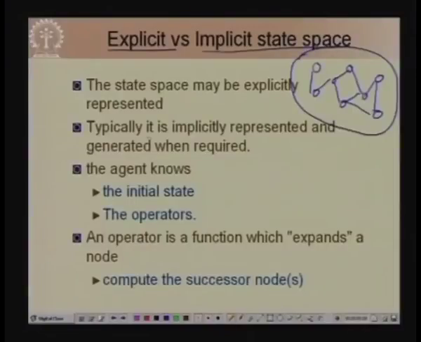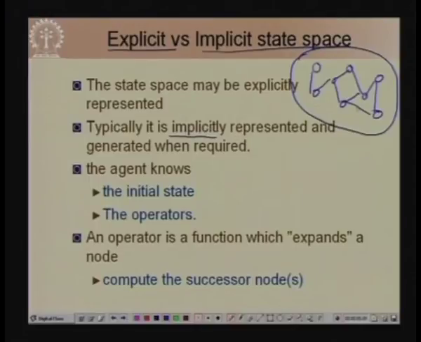However, in this course we will mainly be dealing with very huge state spaces, and it may not be possible or easy to model explicitly all the states of the system. Neither is it necessary. It may not be necessary to spell out all the states of the system in order to find a solution. So we will look at mainly problems where the state space is implicit.